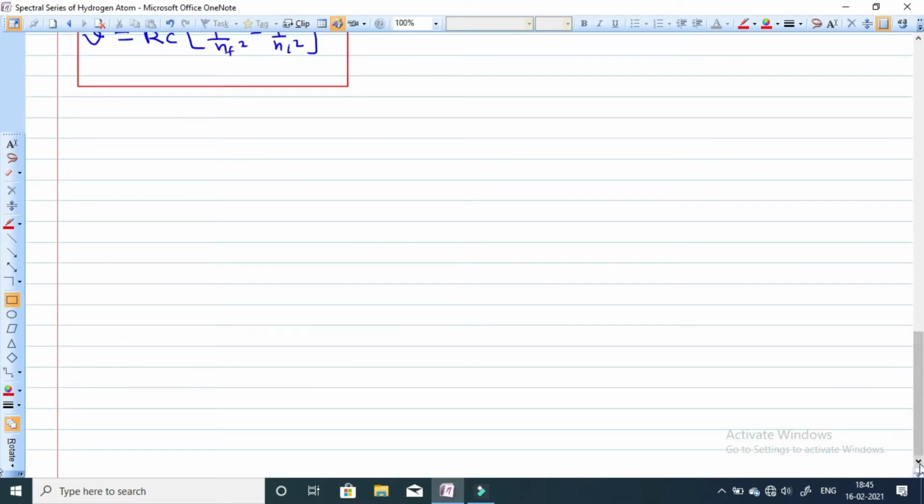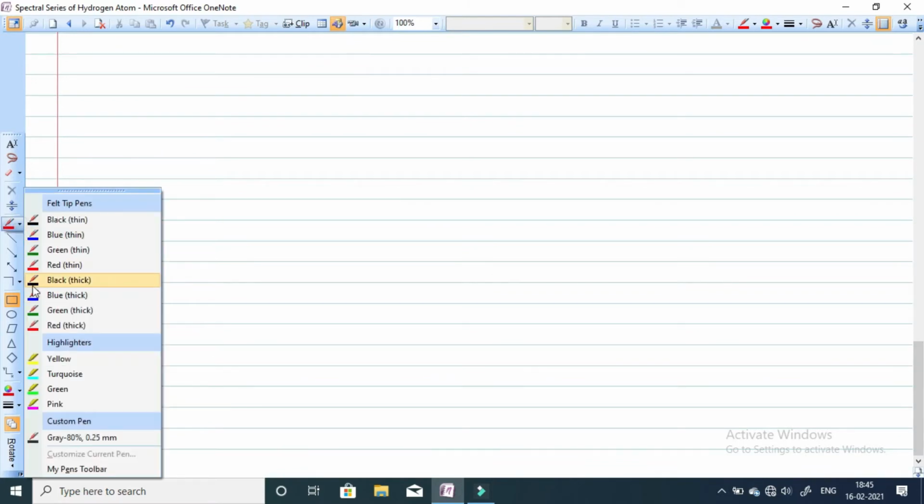So this is the formula we have obtained, the Rydberg formula: 1 by lambda is equal to R into 1 upon n final square minus 1 upon n initial square.